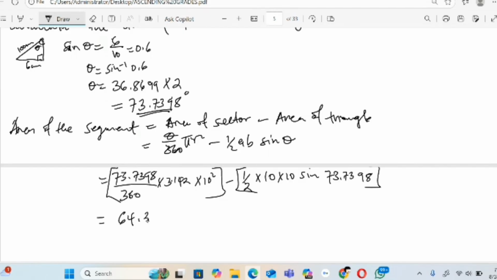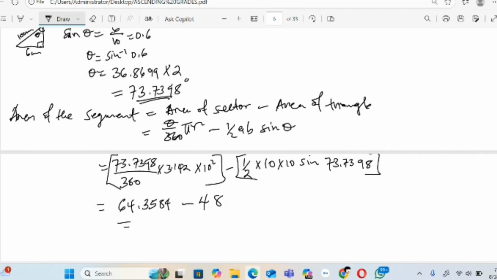64.3584 minus 48. So when you subtract 48 from 64.3584, you're going to remain with 16.3584 square centimeters.